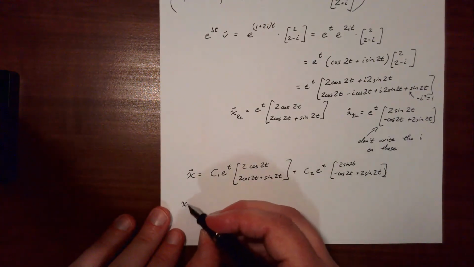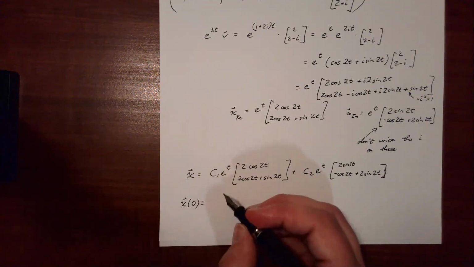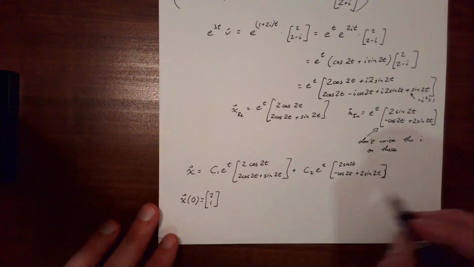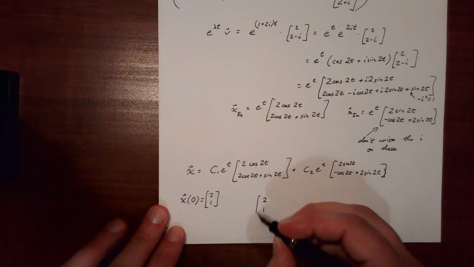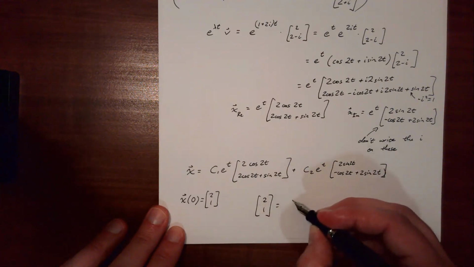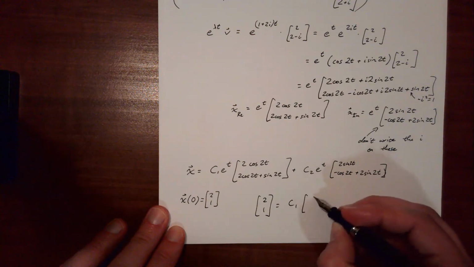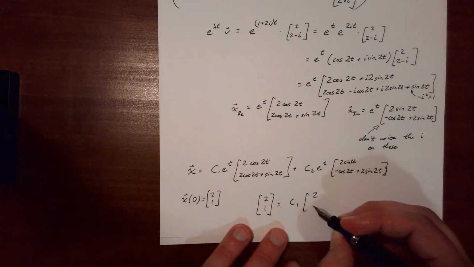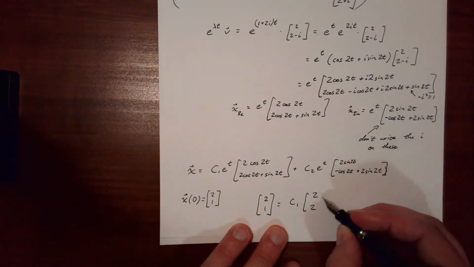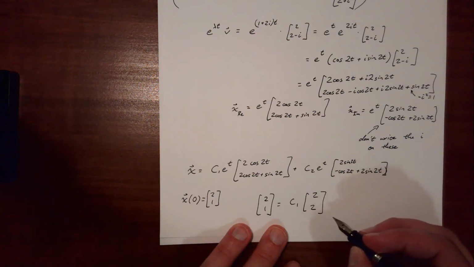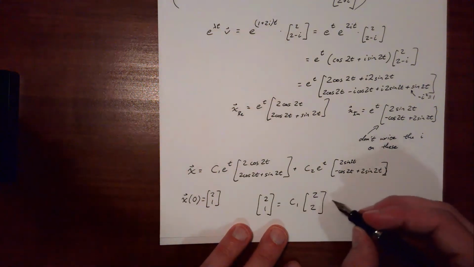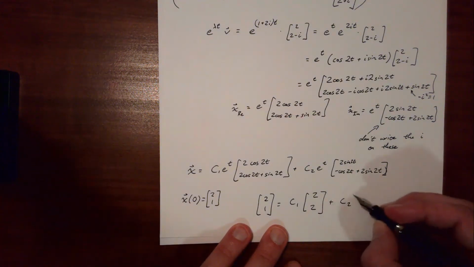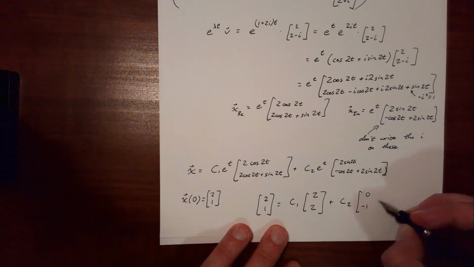Now, the initial condition was x of 0 equals, what was it, 2, 1. So what that means is 2 and 1 are what we get when we have c1 times, and we're plugging in t equals 0. So it's going to be 2 for the first one, 2 on the second one. Remember, cosine of 0 equals 1, sine of 0 equals 0, and e to the 0 equals 1. c2, 0, negative 1.